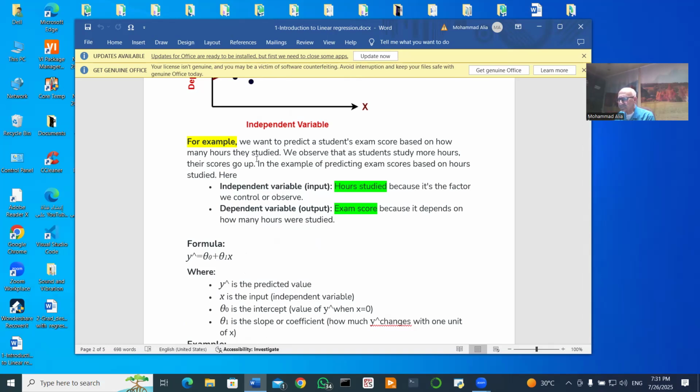So the hours are considered as the input, or let me say the feature, and the label, or the output, or the dependent variable, is the score of the exam. So the independent variable, or the input, or the feature, is the hours studied, while the dependent variable, which is the output, is the exam score, or what is called the label.